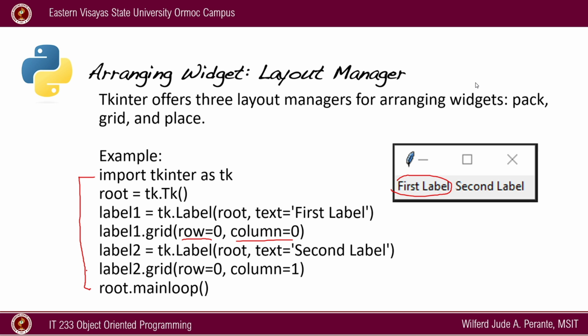For our second label, we position it in our grid at row 0 and column 1. So this is column 1, and for our row 0. Then with root.mainloop, we start our main loop window and make it open until it is manually closed.